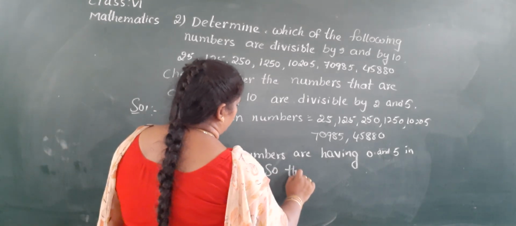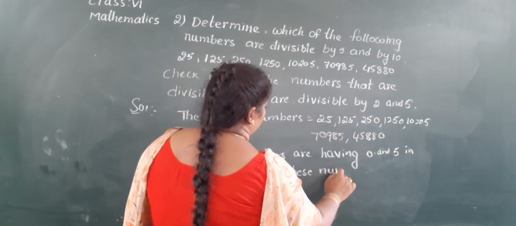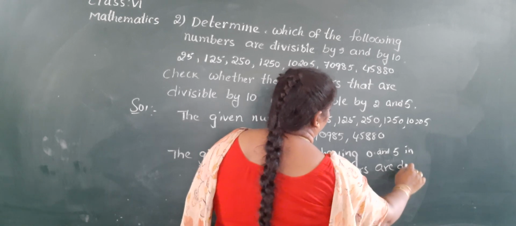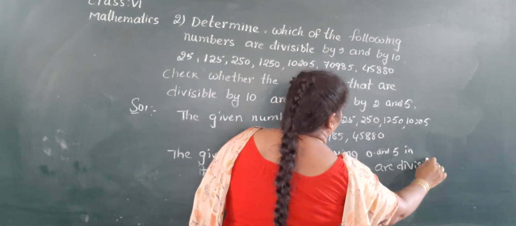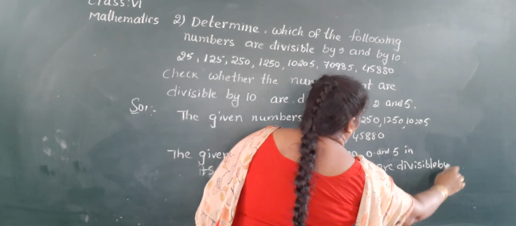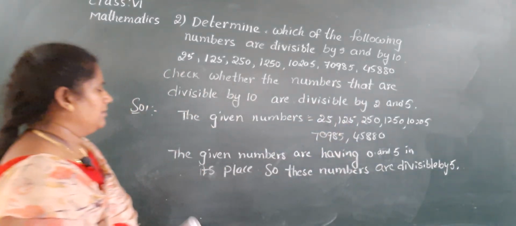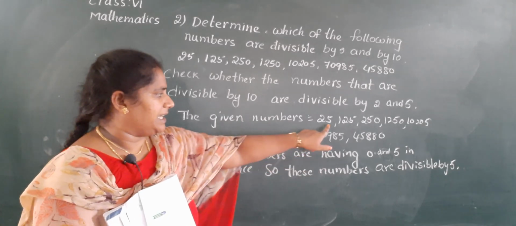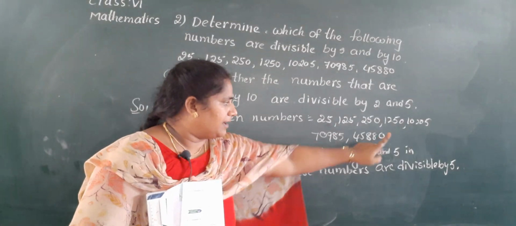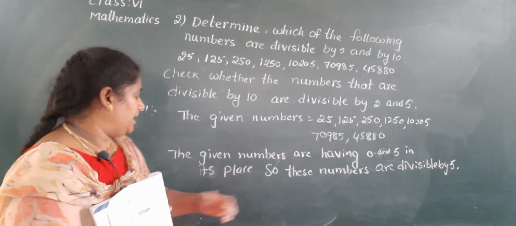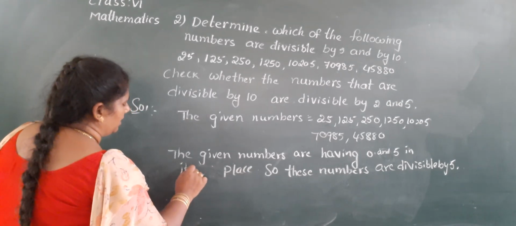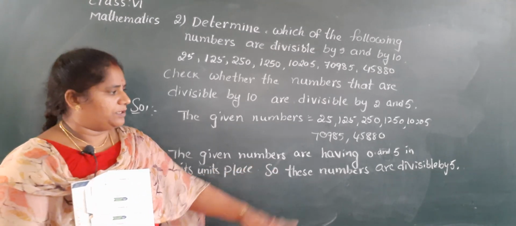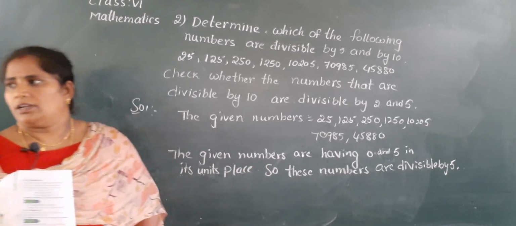So, these numbers are divisible by 5. Let's write down. The given numbers are having 0 and 5 in the units place. See, here 5 is there, here 0 is there. So, in its units place, Nana. So, these numbers are divisible by 5. Note down.